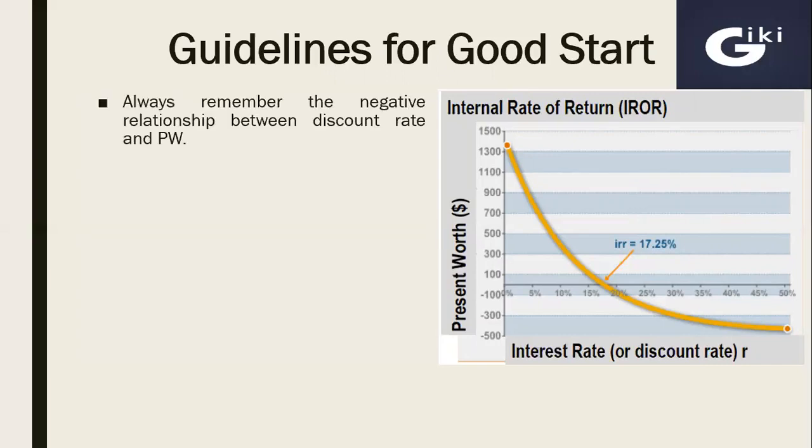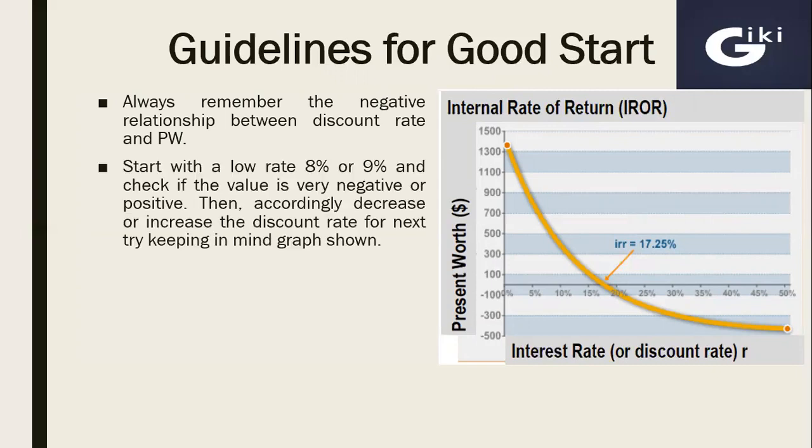Now, always remember the negative relationship between discount rate or interest rate and present worth. Start working with the low rate, let's say 8% or 9%, and check if the value is very negative or positive. If the value is positive, start increasing the rate of interest, so it will come down. If the value is negative, that's fine.